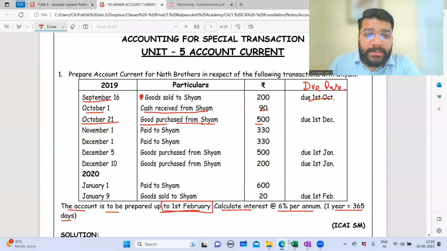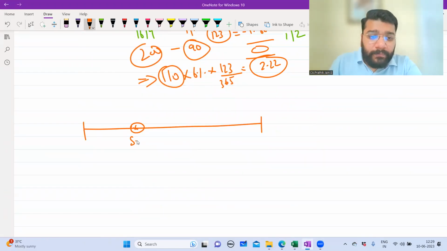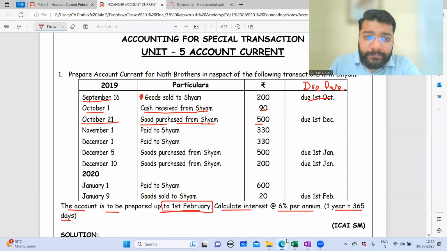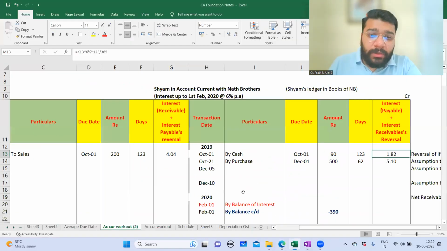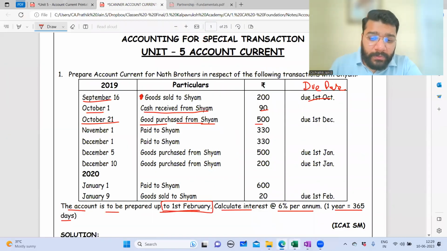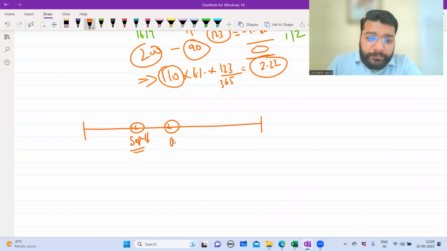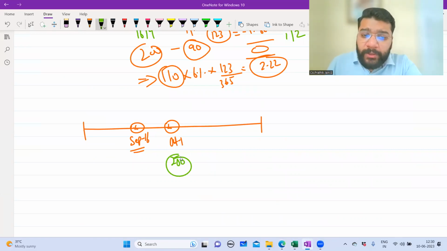When did the sale take place, Naman? September 16. What is the due date for this payment? October 1. On this October 1, if you receive the full 200 rupees payment, do you have any problem? Will you charge any interest from Sham? No, sir.